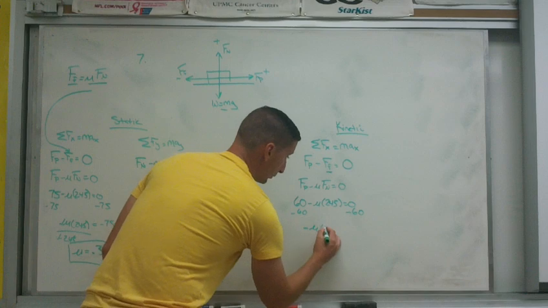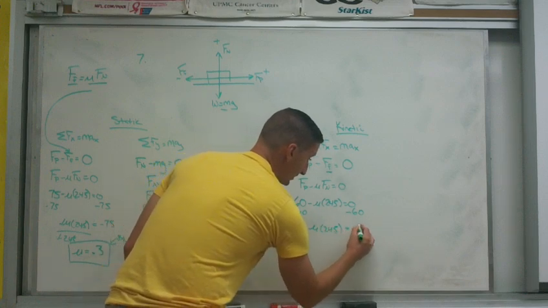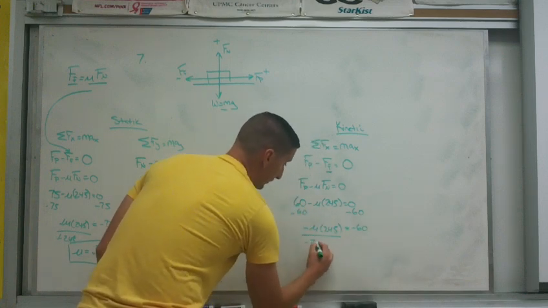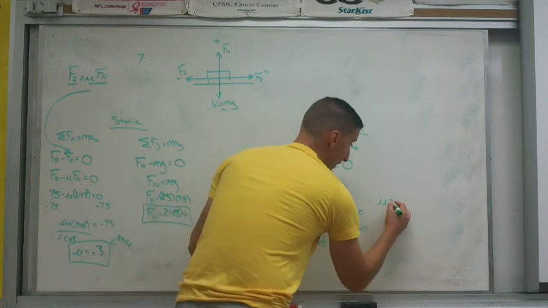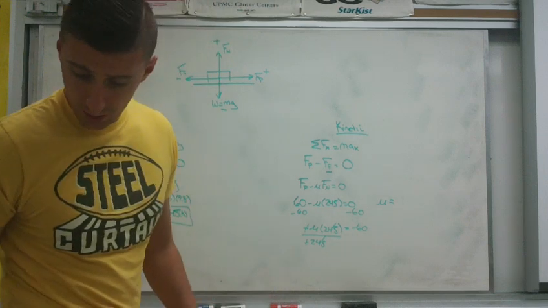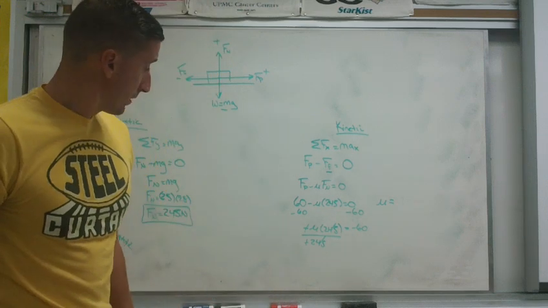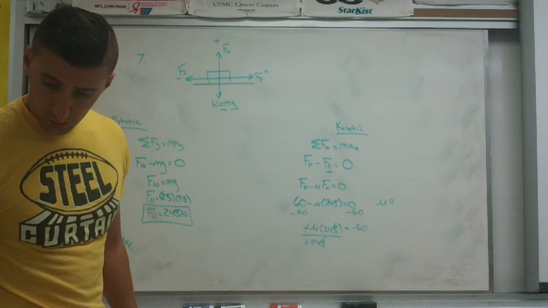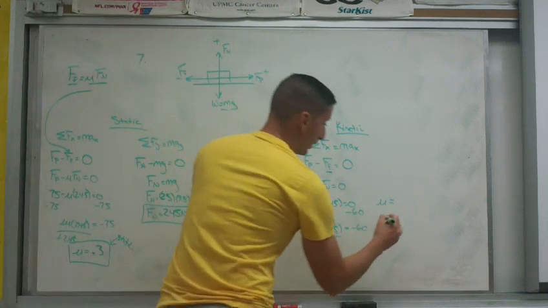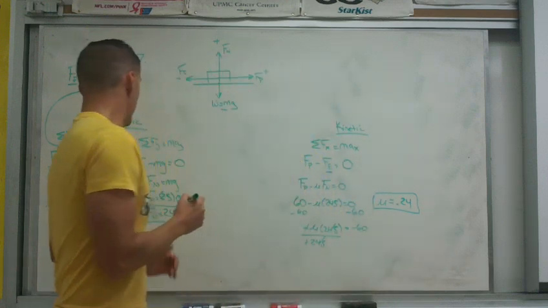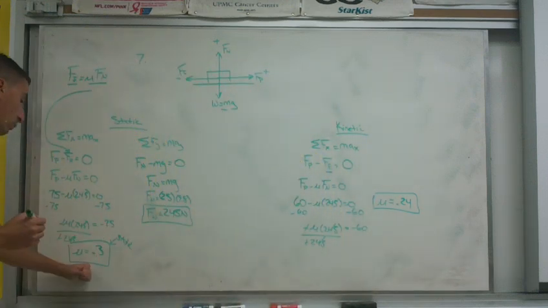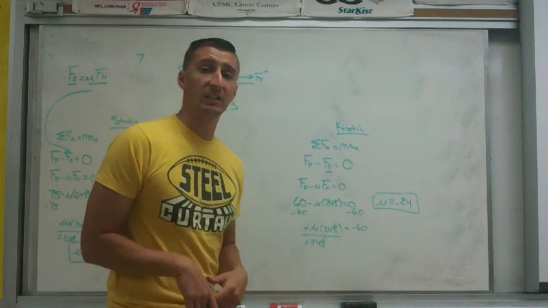I get negative mu 245 equals negative 60, divided by negative 245. Cancels out both things. Mu equals 60 divided by 245, 0.24. Should make sense. Static always has to be greater than kinetic. And in this case it is.